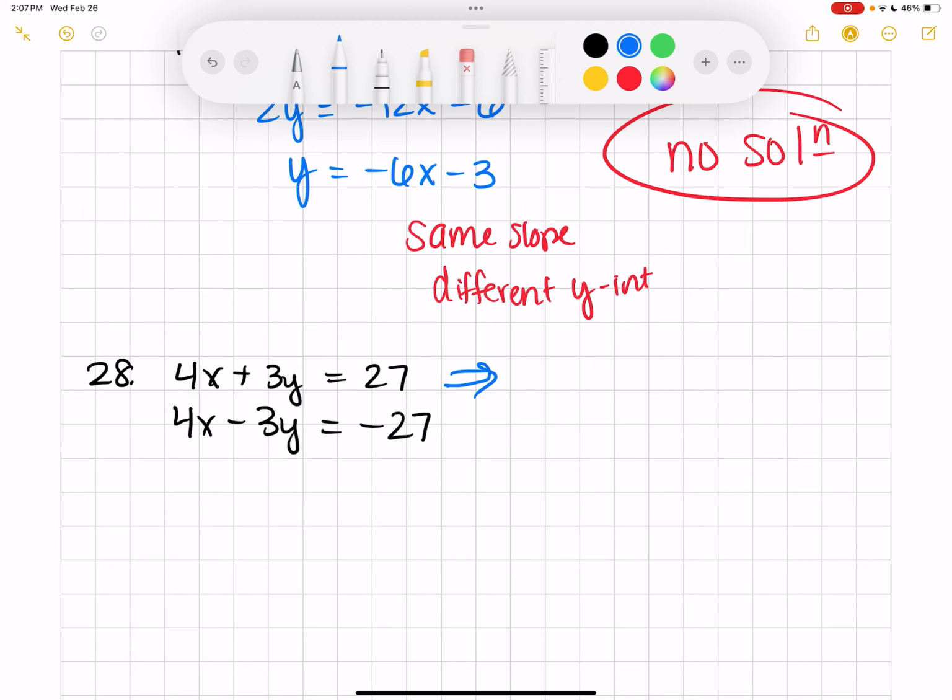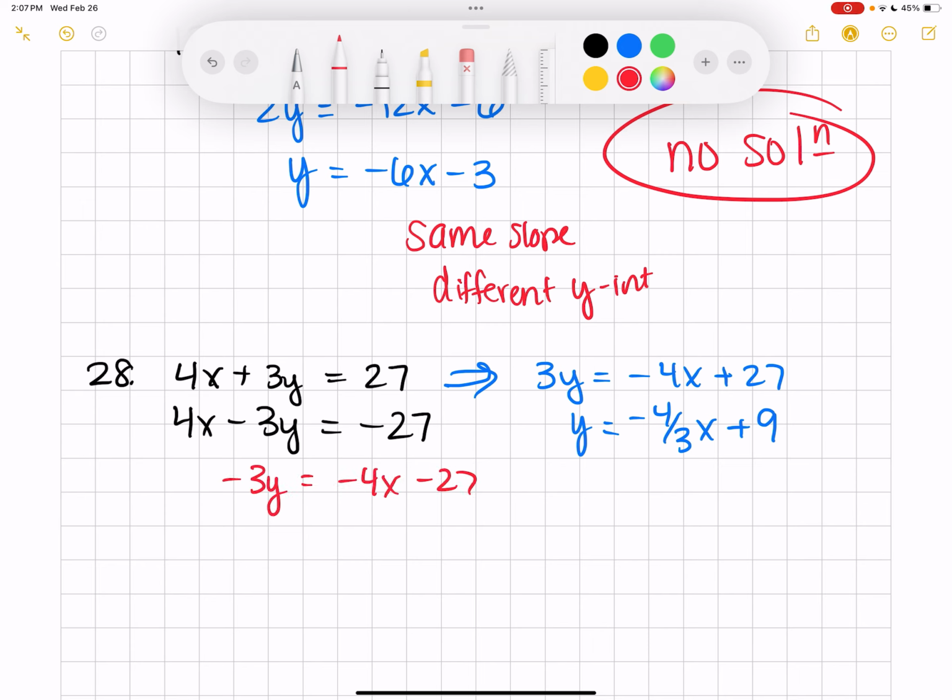Subtract 4x, so 3y equals negative 4x plus 27. Divide by 3, so y equals negative 4/3 x plus 9. Now for this one, subtract 4x. Negative 3y equals negative 4x minus 27. So y equals 4/3 x plus 9.